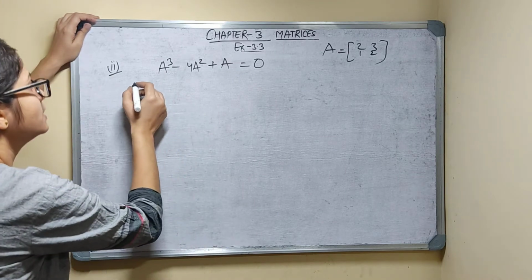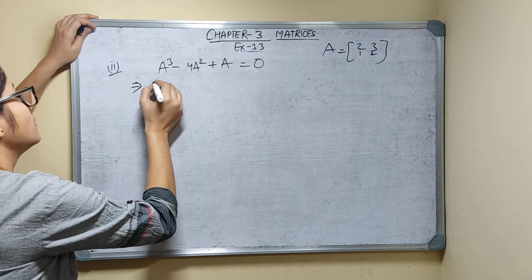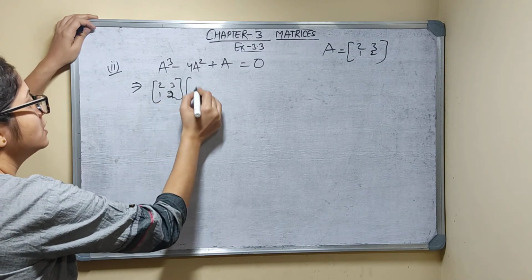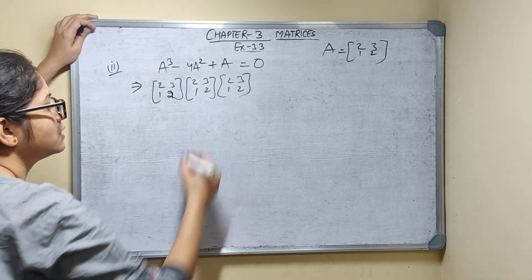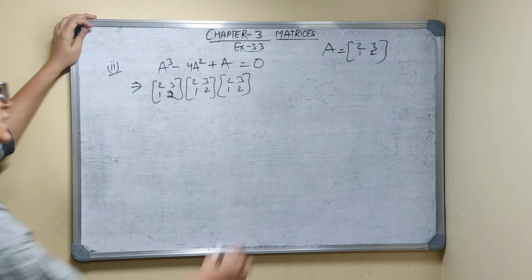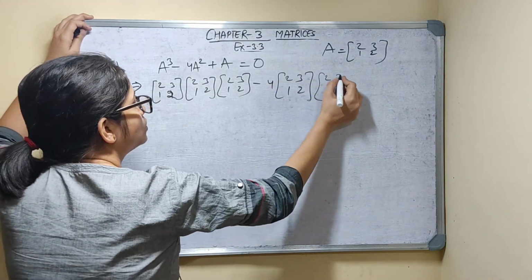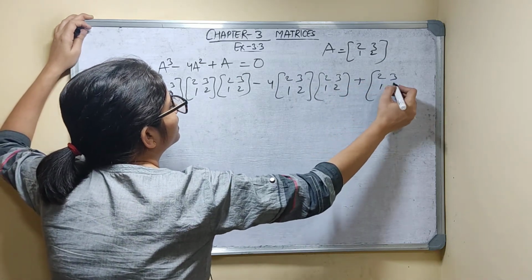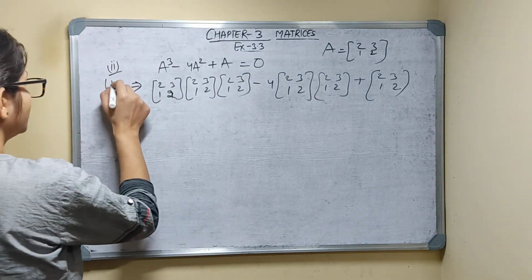A cube is A into A into A. You have to prove this, so let us solve the LHS.